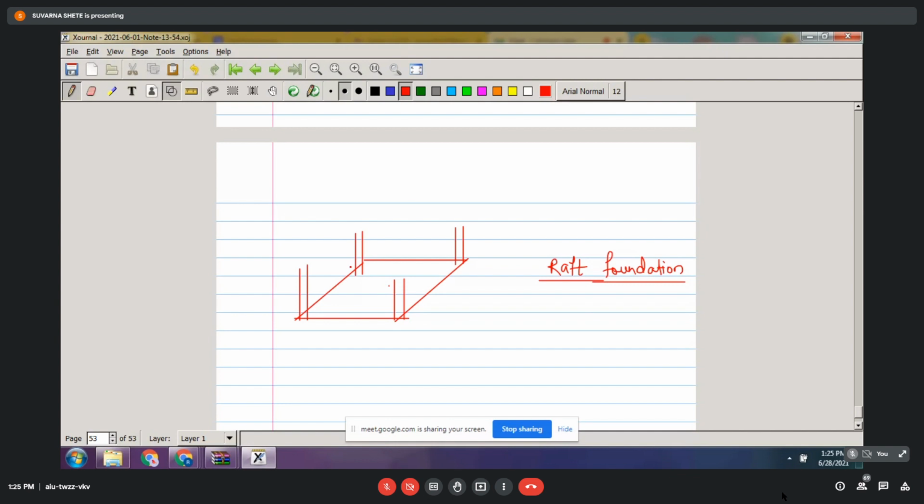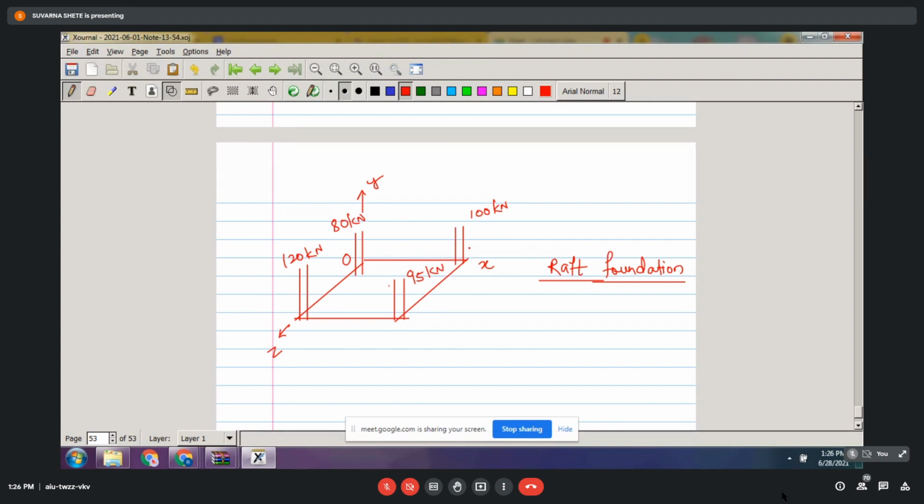So suppose this is some origin, this is x, and this is z. Then some columns are resting on a raft foundation. Suppose this column has 100 kilonewton weight, this one is carrying 80 kilonewton, this is 120 kilonewton, and this is 95 kilonewton weight.